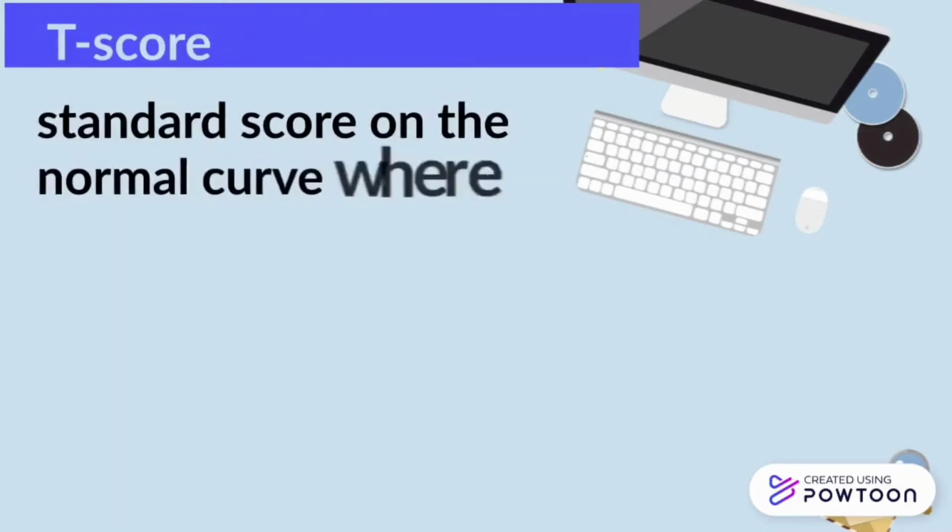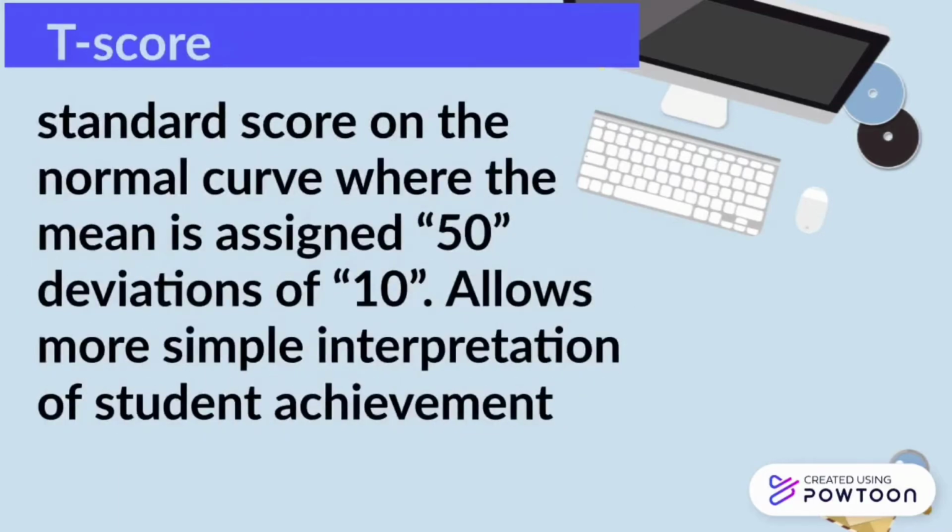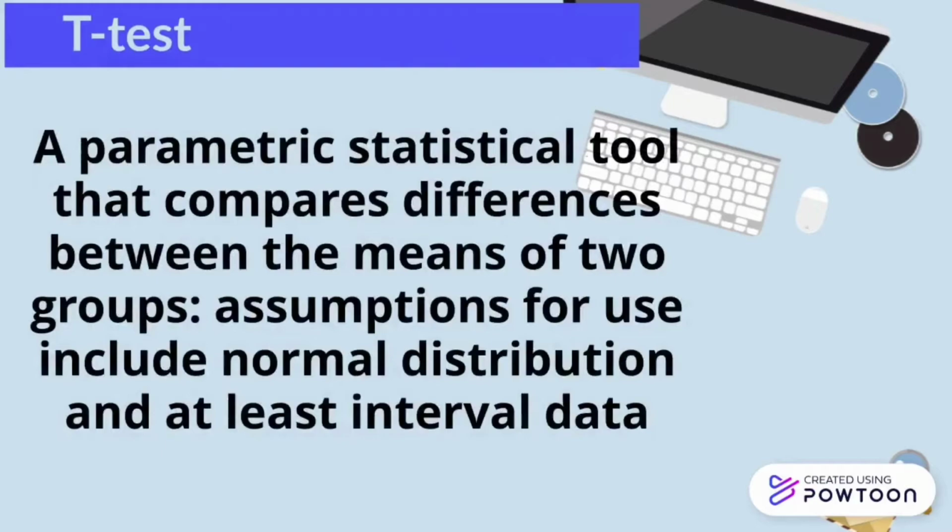T-score. Standard score on the normal curve where the mean is assigned 50, deviations of 10. Allows more simple interpretation of student achievement. T-test. A parametric statistical tool that compares differences between the means of two groups. Assumptions for use include normal distribution and at least interval data.